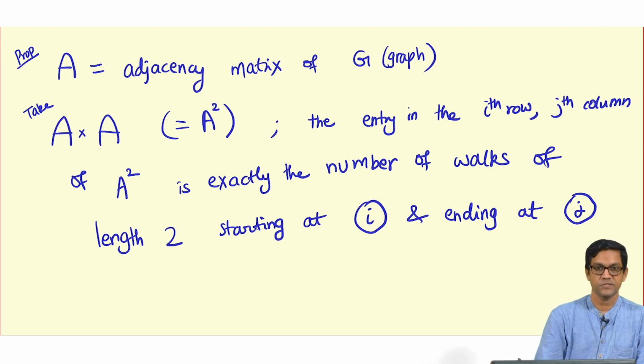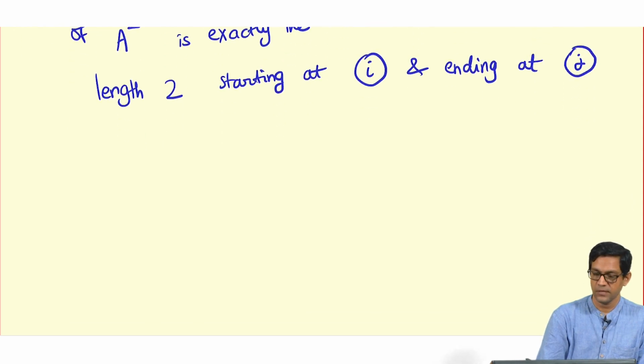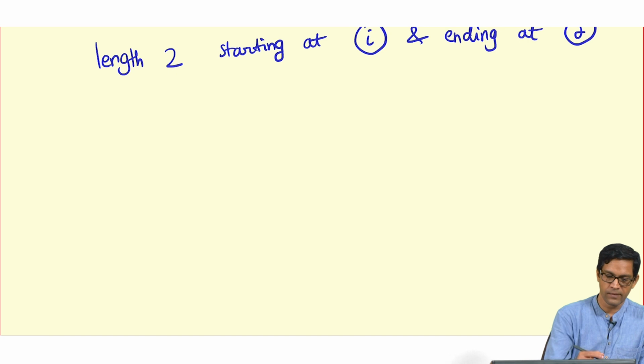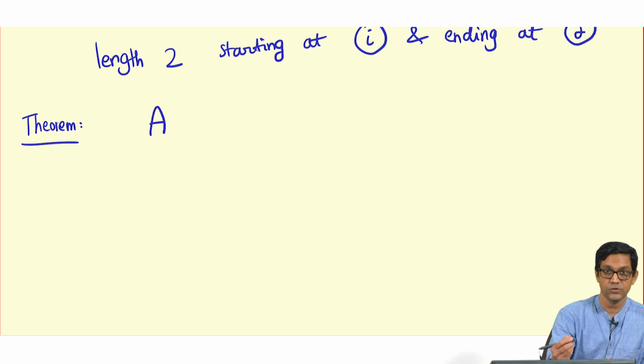So, we have seen this more or less by example in this case, and what is interesting is that this generalizes in almost the exact same way. So, let me state the general theorem. If you want to count walks not of length 2, but more generally of some length d, then all you have to do is just take this matrix A and multiply with itself d times.